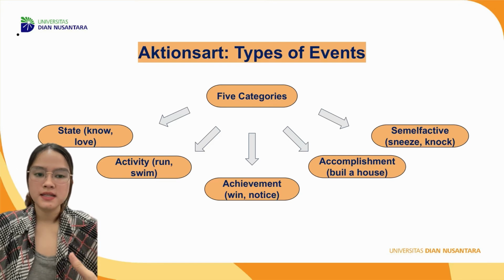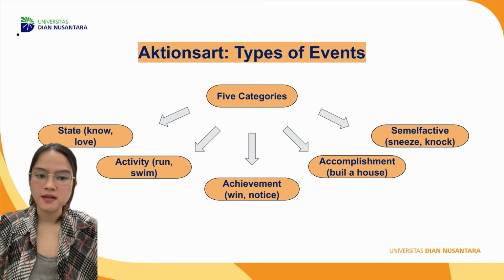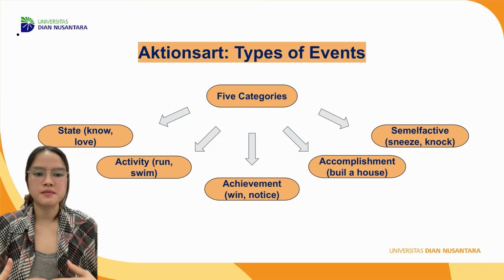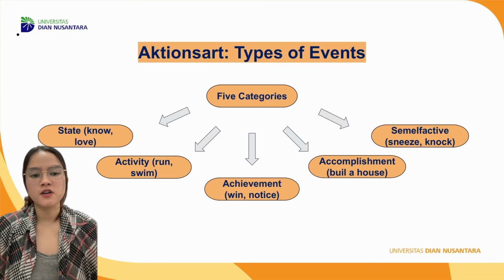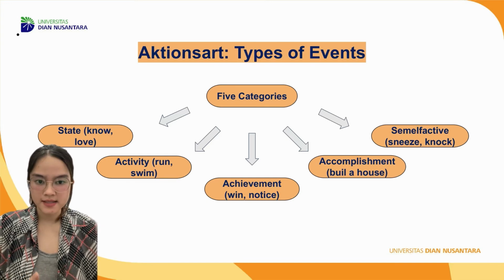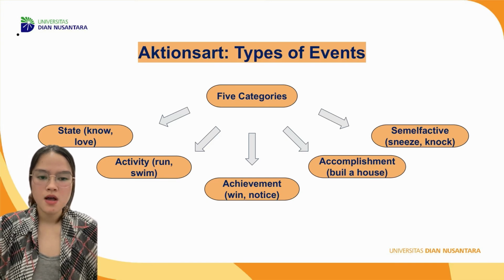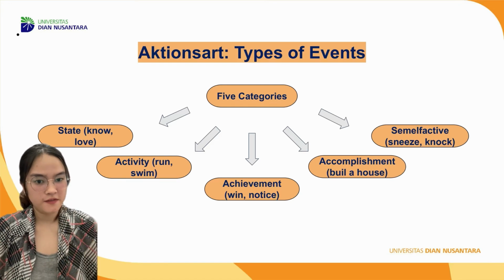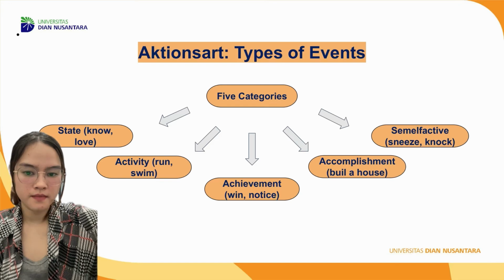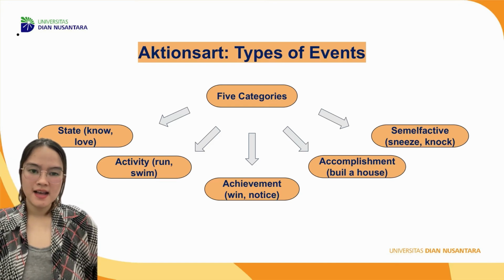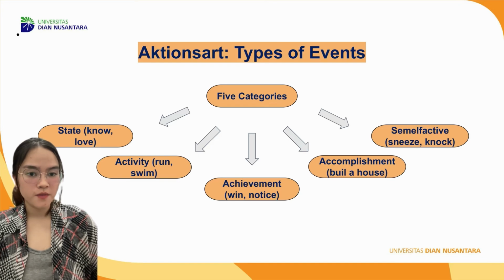So why does this matter? Well, how we combine tense and aspect with these verb types affects the naturalness and clarity of our sentences. For example, she was running. That's activity plus imperfective. And this example sounds smooth.